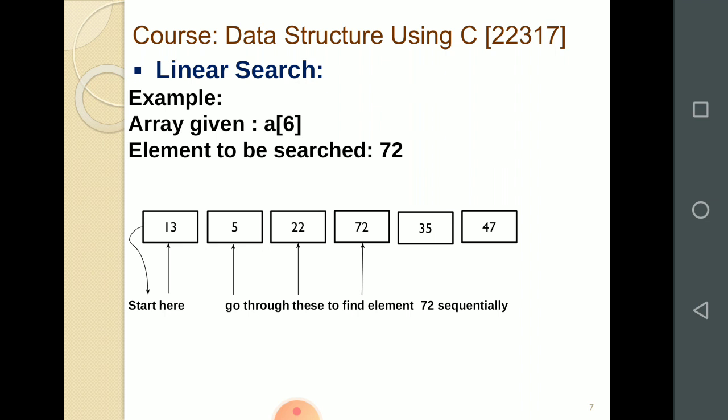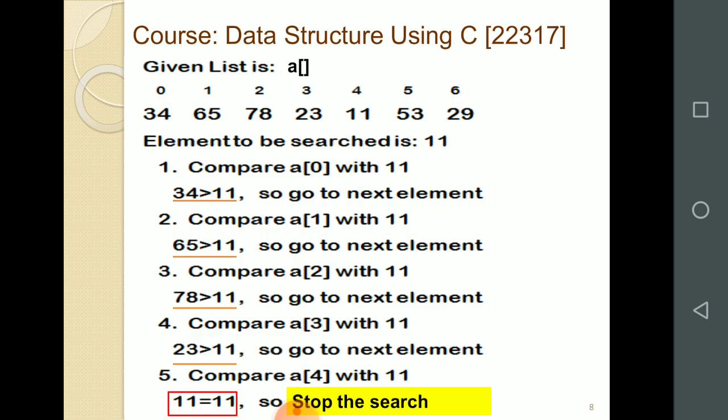We compare the element to be searched with every element of the array until there are 2 conditions. If we reach the end of the list, we have to stop. Otherwise, if we find the element to be compared, then we stop the search. So these 2 things are there.